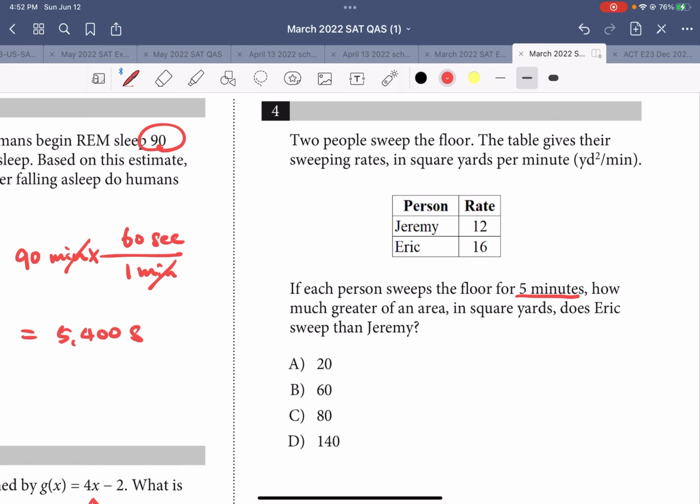Eric's rate minus Jeremy's rate will be 4. Okay, 4 square yards per minute will be the difference. So that much Eric sweeps more than Jeremy. And then for 5 minutes, you multiply 4 times 5. So 20 square yards more than Jeremy. So answer A.